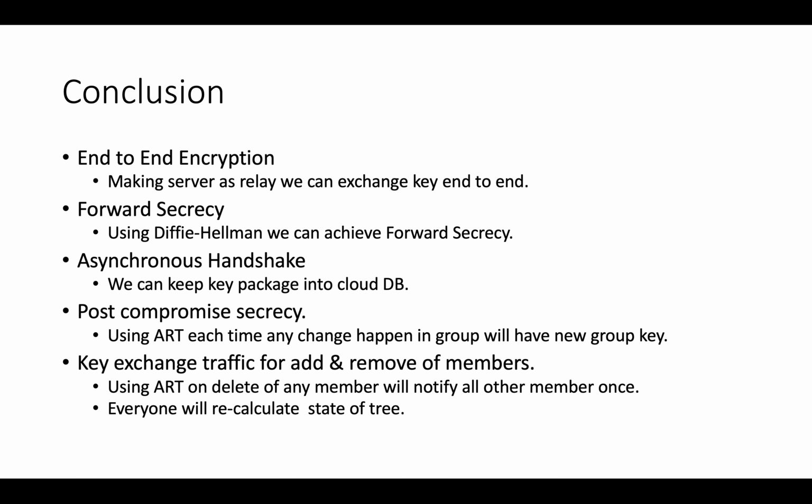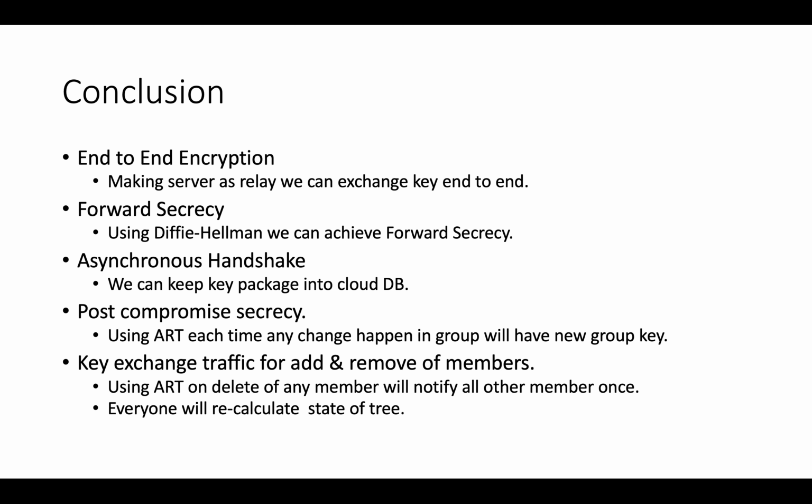So here is the conclusion of the entire session. MLS has solved 5 major problems: end-to-end encryption, forward secrecy, asynchronous handshake, post-compromise secrecy, and key exchange traffic for add and remove of members.